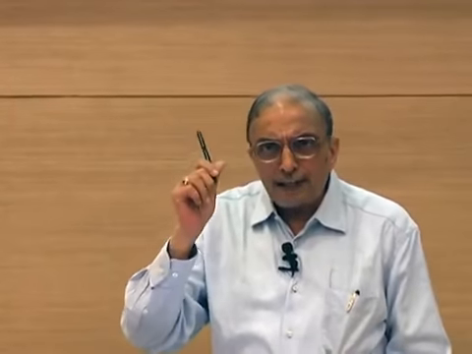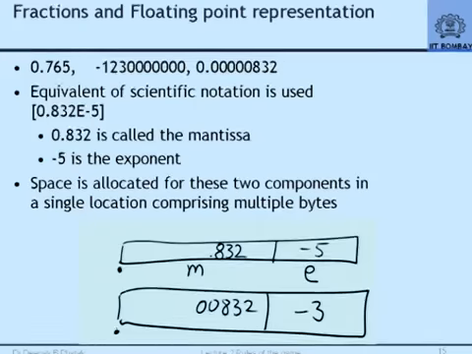So, although this representation is called a floating point representation, internally what the computer does is, it always fixes the point at the beginning of the portion of bits allocated to mantissa, and it always ensures that the first digit is non-zero.